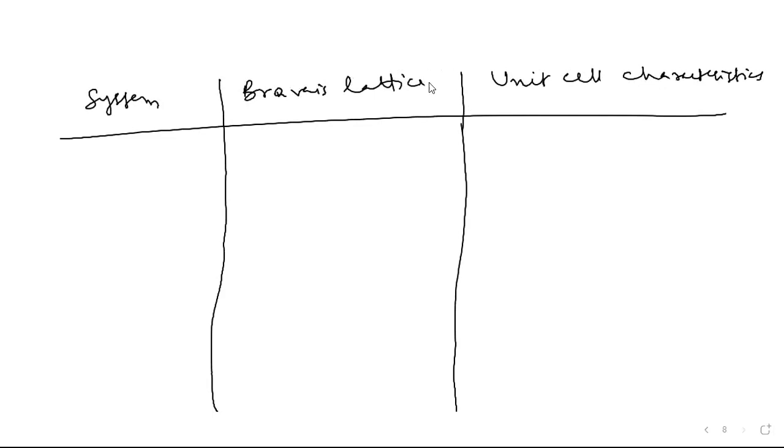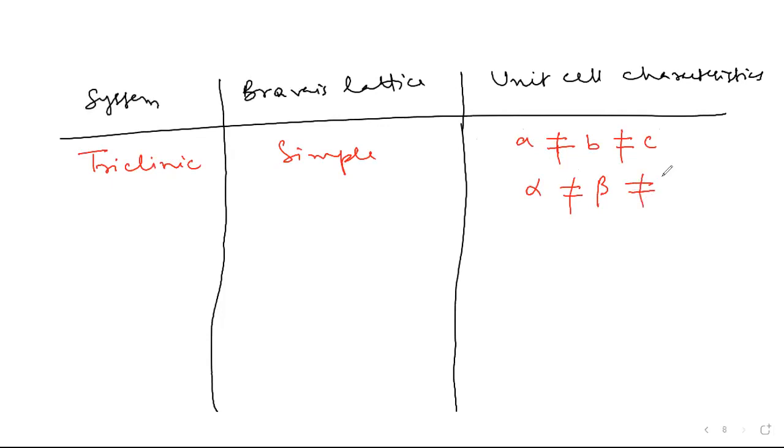So let me use another color. The first system is triclinic. Corresponding to the triclinic system, we have one Bravais lattice, which is simple, characterized by a not equal to b, not equal to c, alpha not equal to beta, not equal to gamma, not equal to 90 degrees.